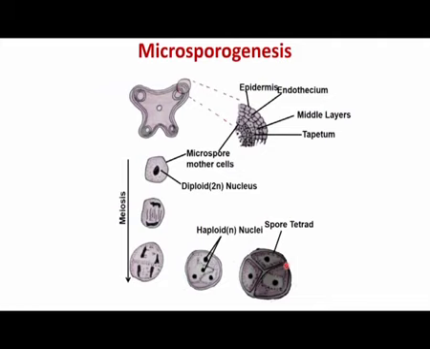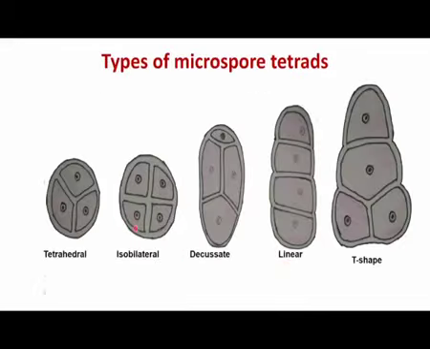The tetrads generated from the microspore mother cells can be of different types. In general, you can have 2 different types of tetrads, tetrahedral or isobilateral. These 2 forms are more popular, whereas there are other ways of arrangement.